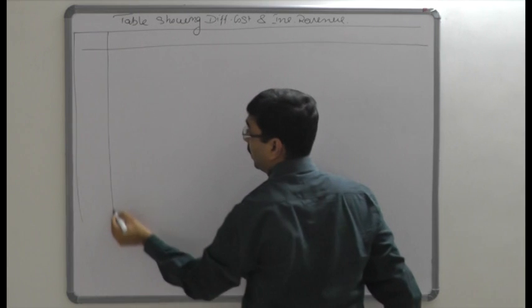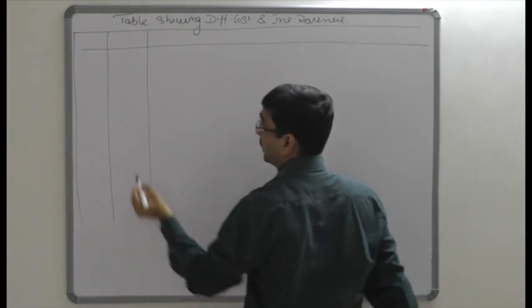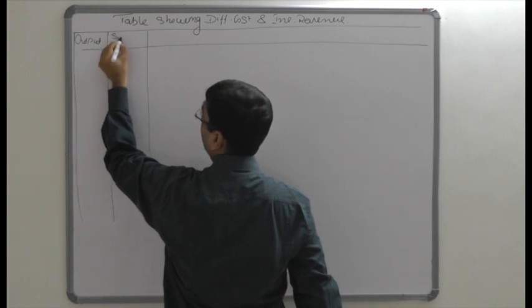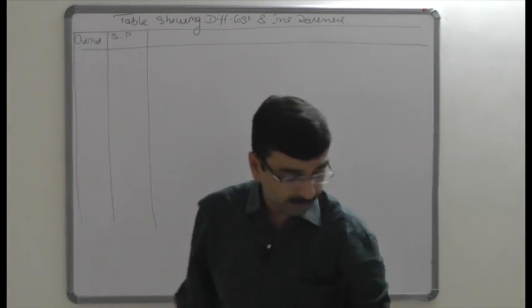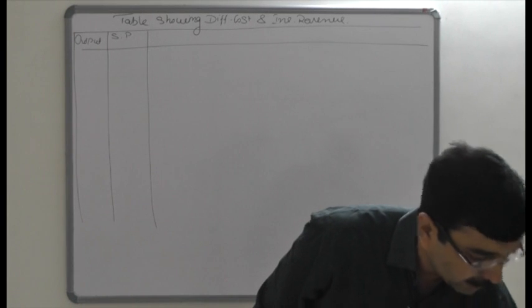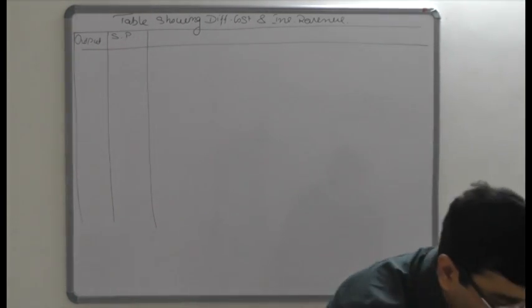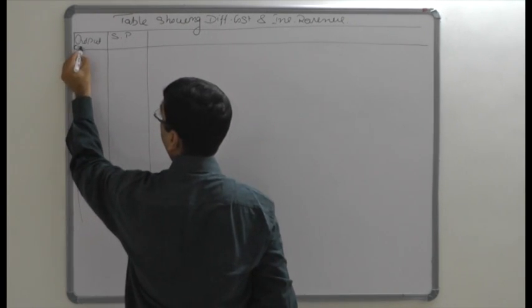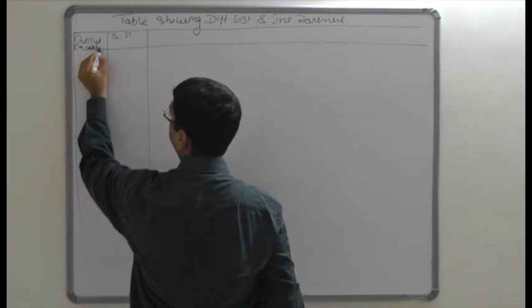The first column is output and the second column is selling price. Selling price is most probably given per unit, so per machine, and on the basis of this information, output is given in lakhs of units.